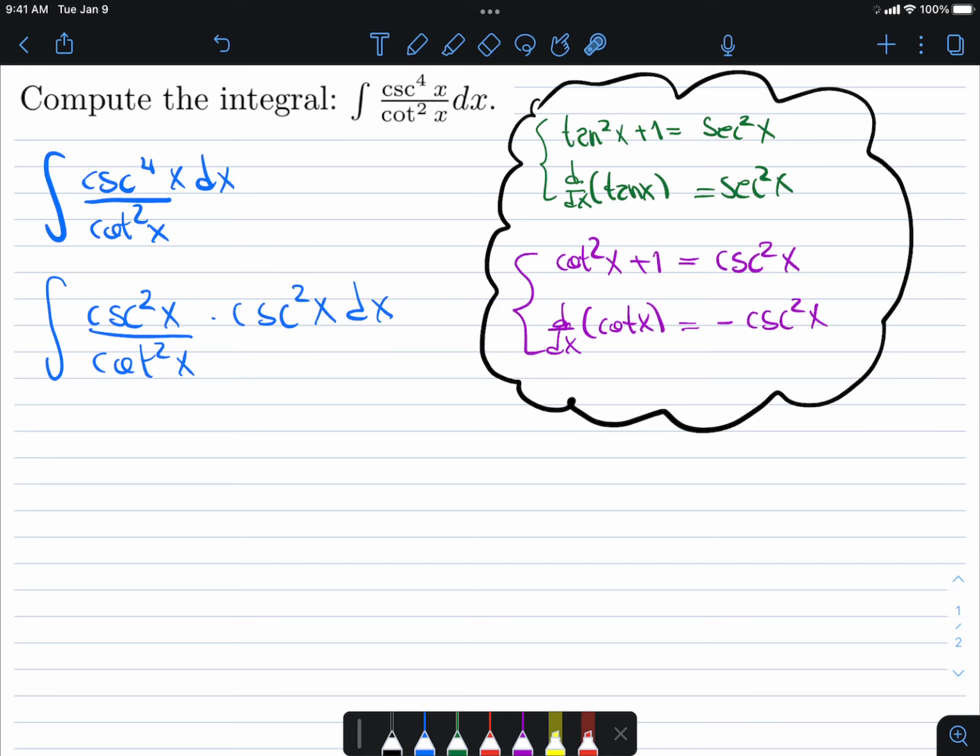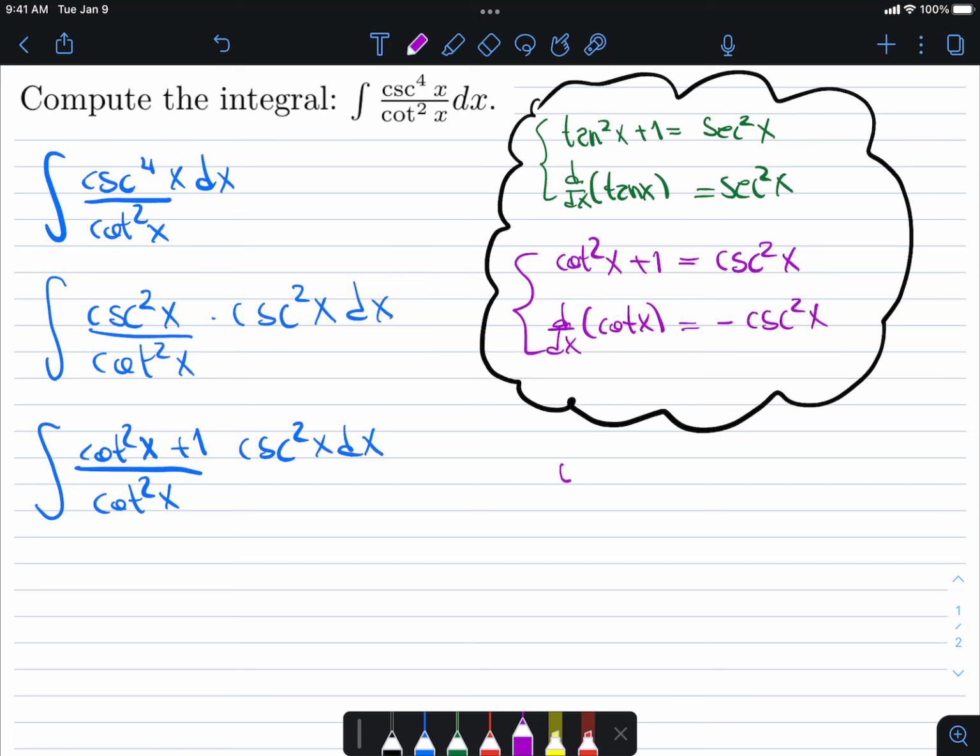The difficulty now is that I have this cosecant squared, so what I have to do is use this first identity to replace the cosecant squared with cotangent squared x plus 1, divided by cotangent squared x, then cosecant squared x dx. So that will then allow me to use a u substitution, right?